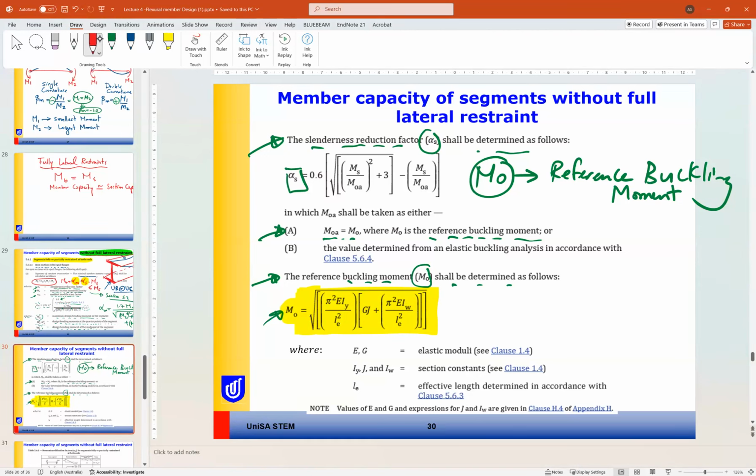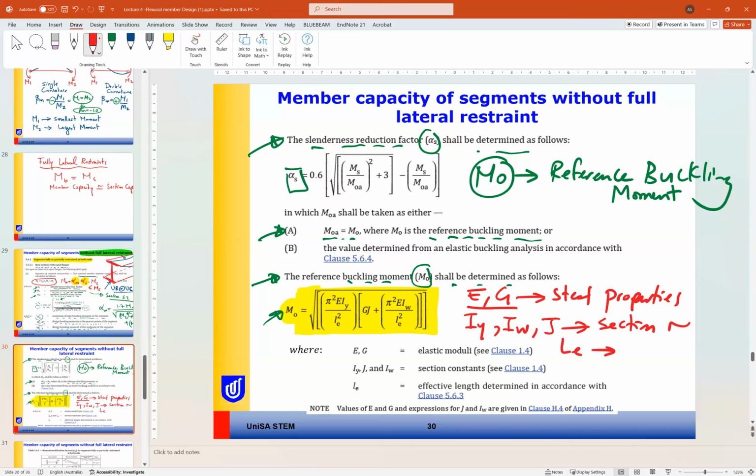E and G are steel properties, Iy, Iw and J are section properties, and L effective is the effective length of the beam.